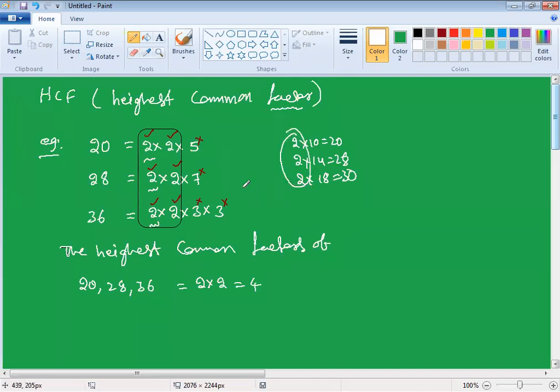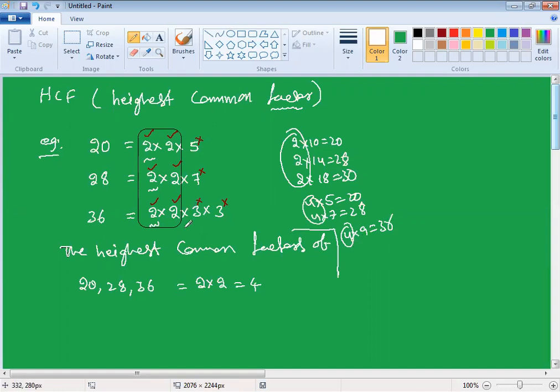Then with 3, only this one is possible, these 2 are not possible. With 4, see, 4 fives are 20, 4 sevens are 28, again 4 nines are 36. So with 4 also, these 3 are clearly divisible.